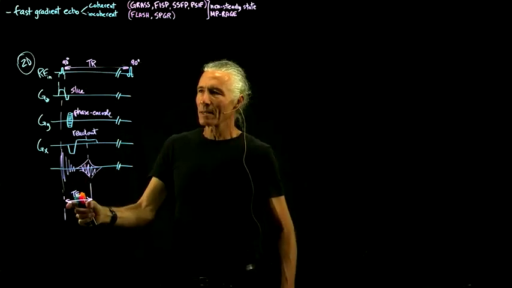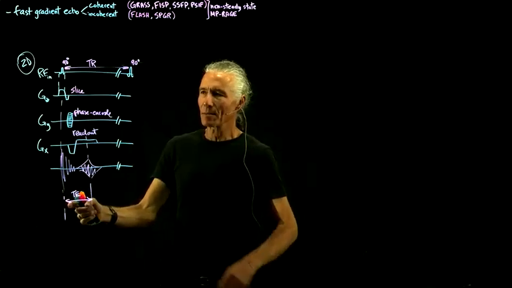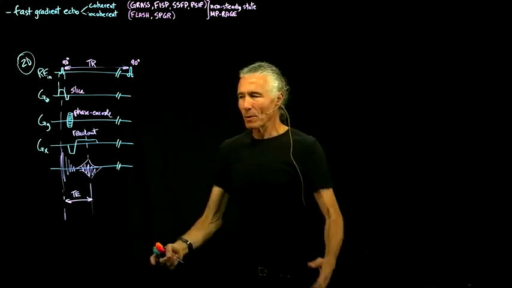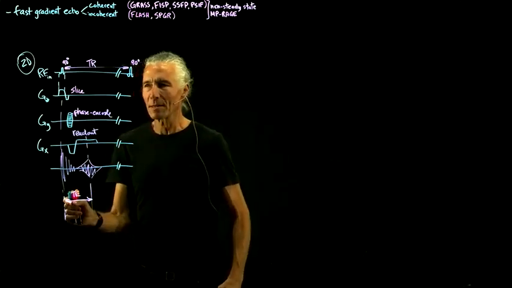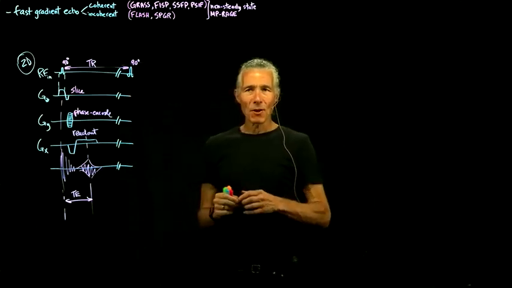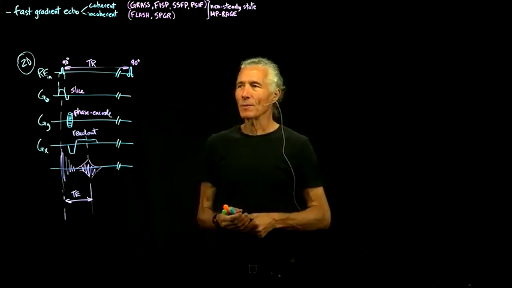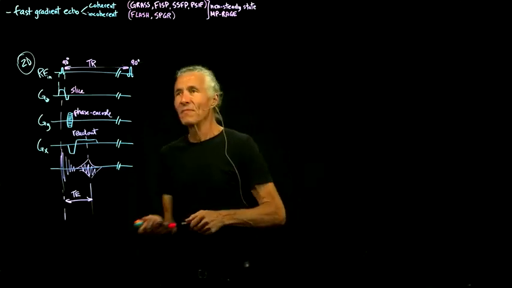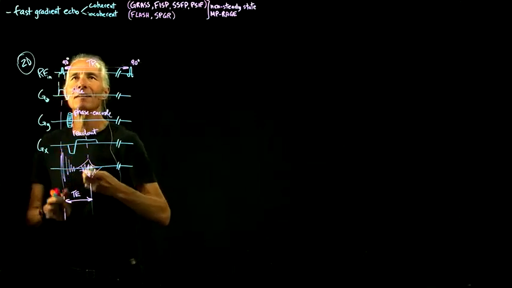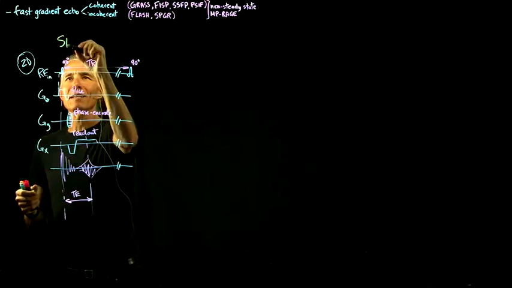You can make it T2 weighted if you use a TE that's pretty long, and you can make it proton density if you use a really short TE. So even though it's very slow, you can make all different kinds of contrast from it. So we'll call this slow gradient echo.